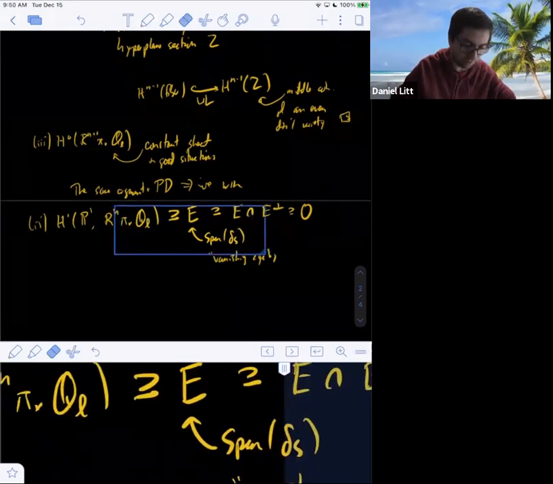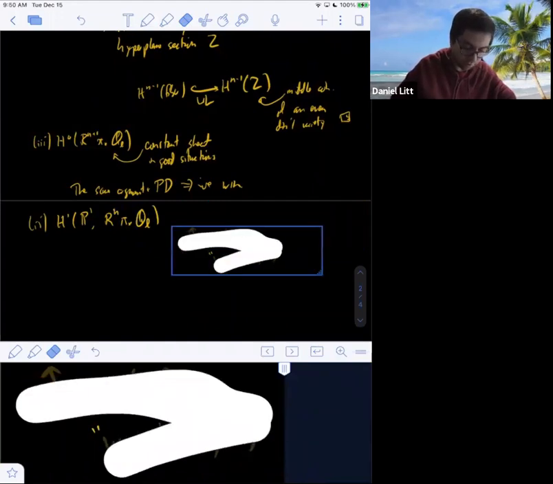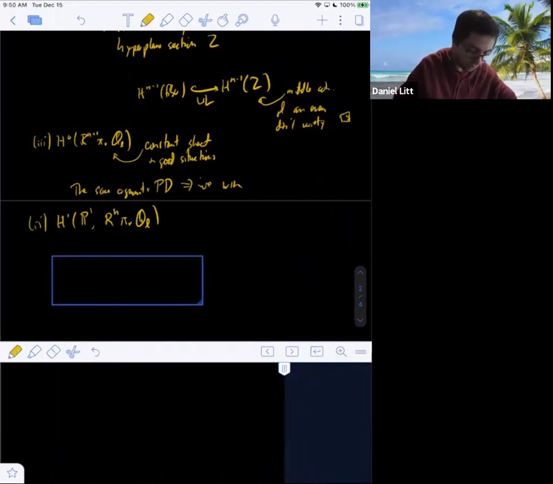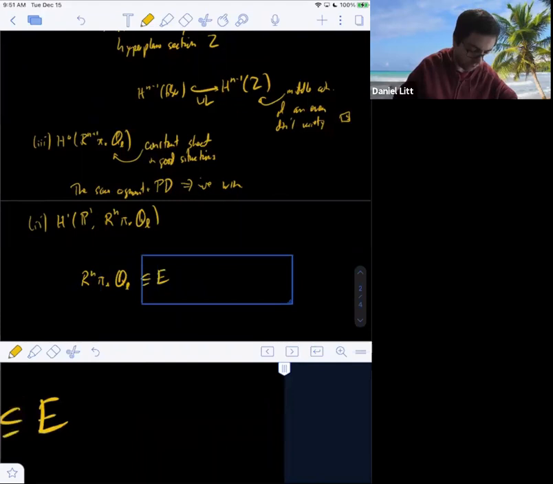Let me rewrite this to be a little bit more clear. Inside of Rn pi lower star QL, we had a subsheaf E. And then inside of that, we had E intersect its orthogonal complement.